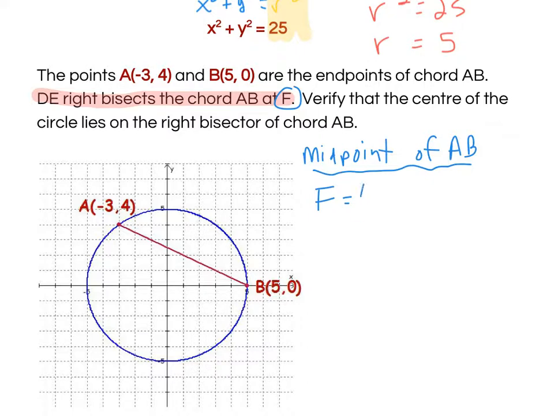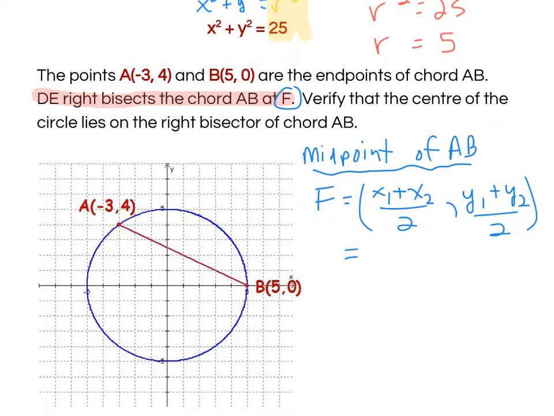The formula to get F is (x1 plus x2) divided by 2, and (y1 plus y2) divided by 2. Pause the video now. I'd like you to work out this calculation for yourself, and then resume when you're ready.